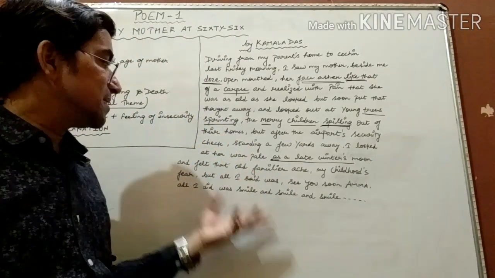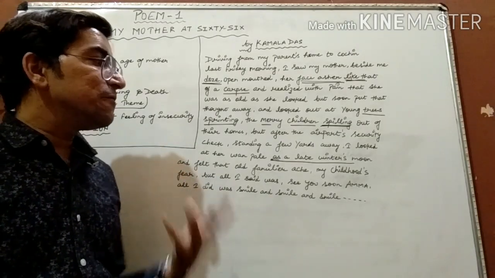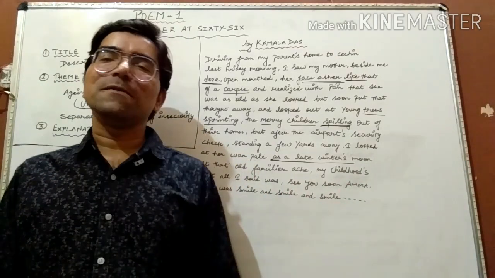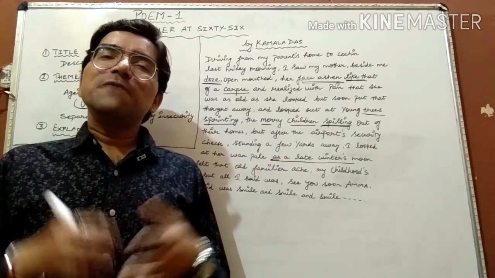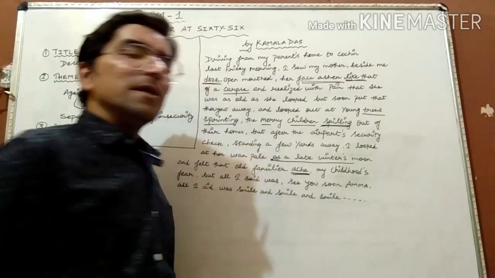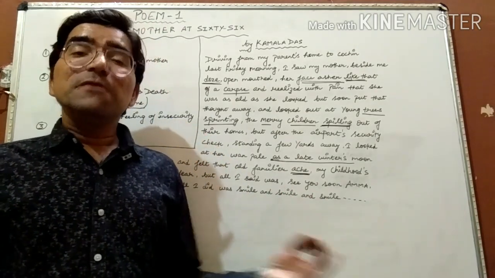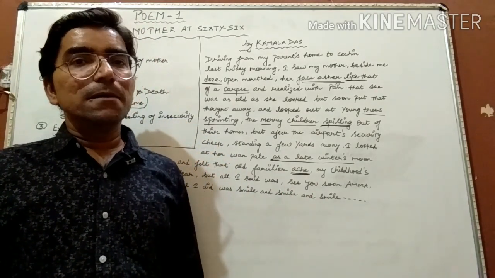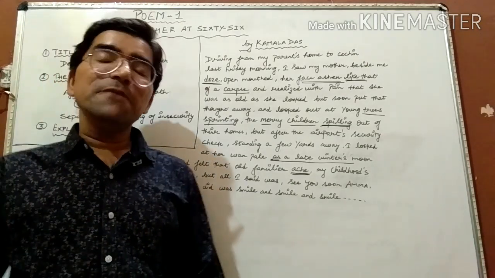Now what happens next? "As a late winter's moon, and felt that old familiar ache, my childhood fear." Looking at her mother's face, she felt an ache. Ache means pain, like headache or stomach ache. So the poet feels an ache, and why is she feeling pain for her mother?